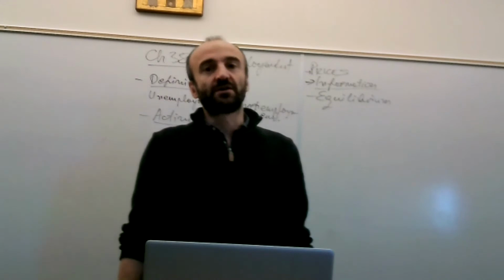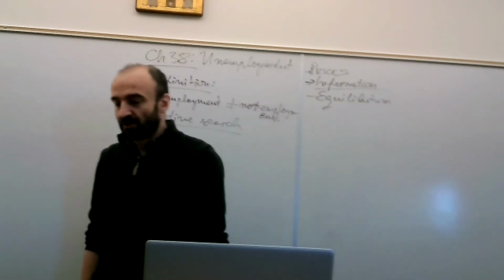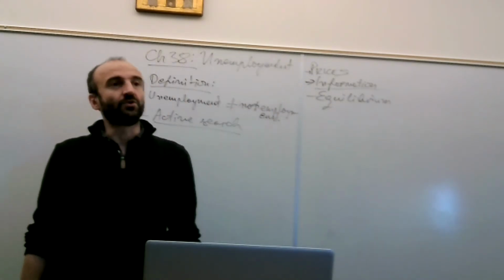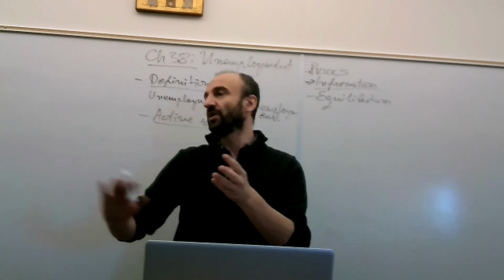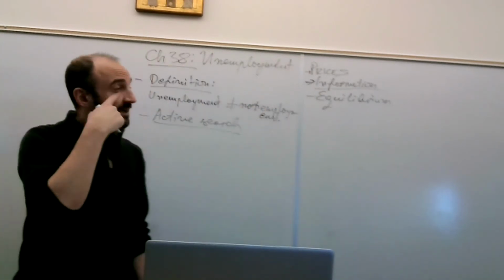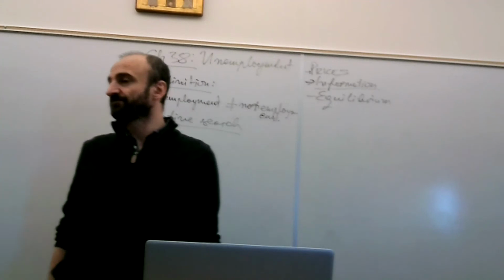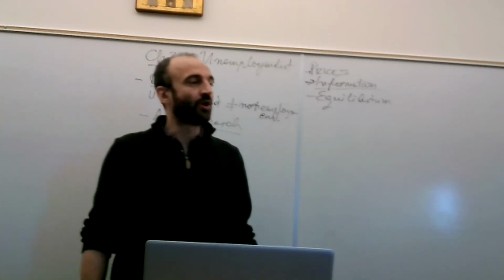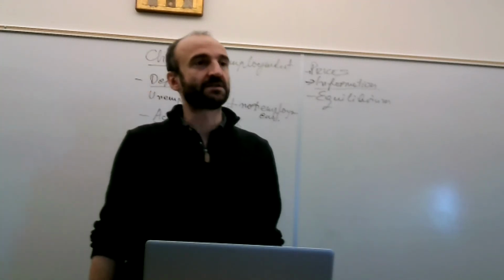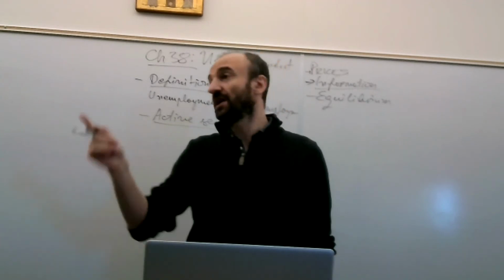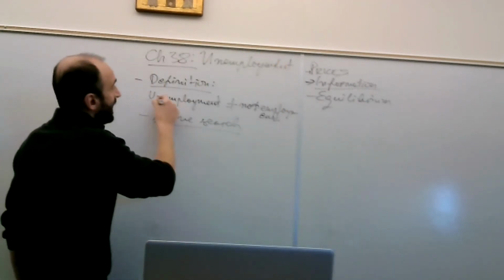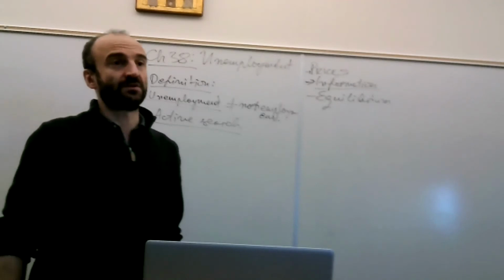So these are some of the criteria that they use to distinguish between active job seekers and people who are outside of the labor market. So one category of the people who don't have jobs are people who are actively searching for a job. These are the only people who are unemployed. They are counted as unemployed.